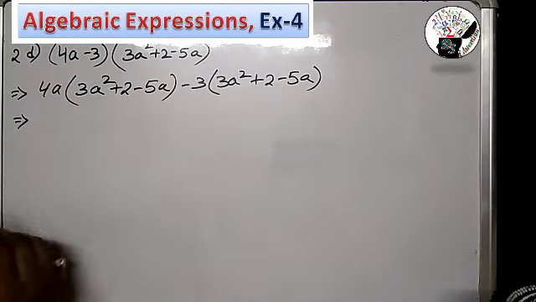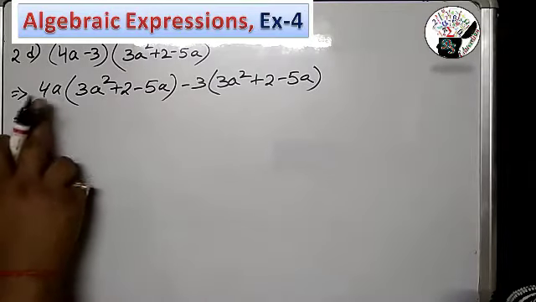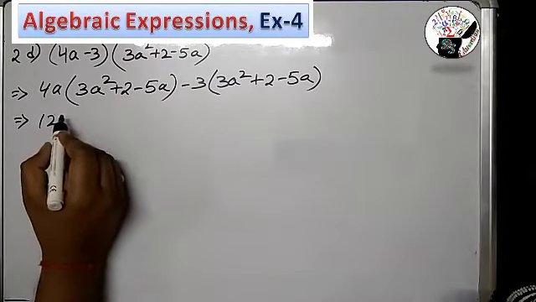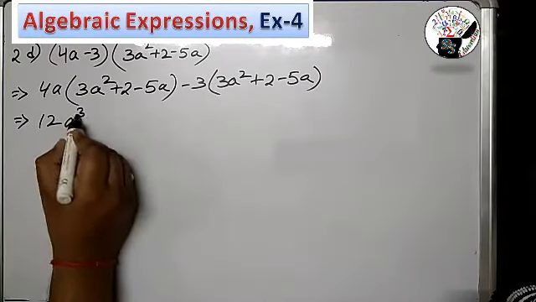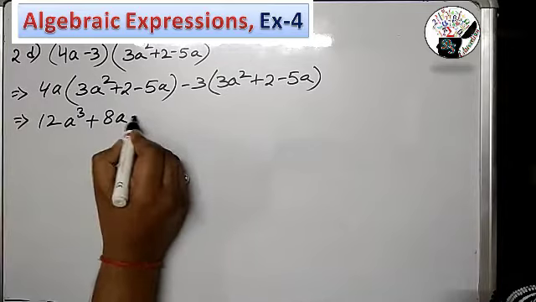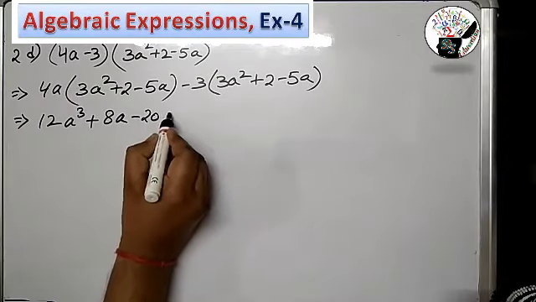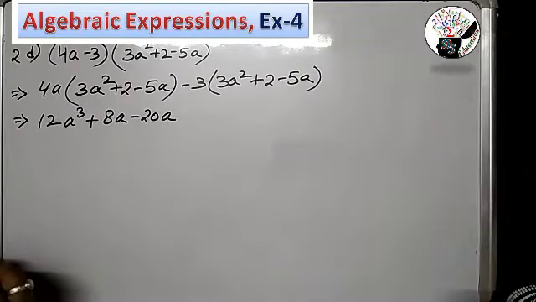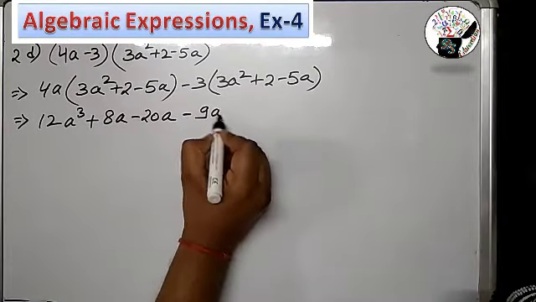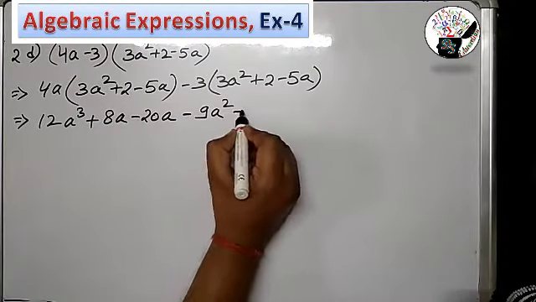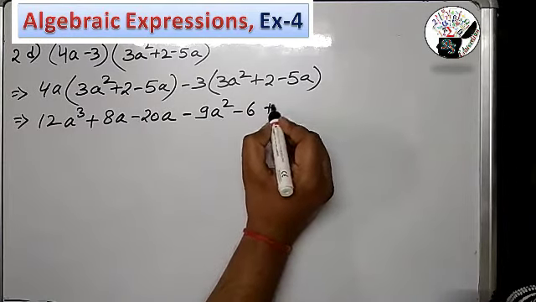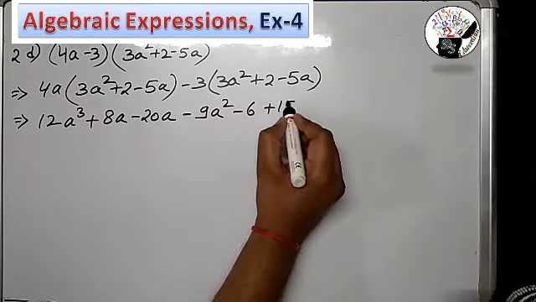Next question. Again the same thing, we have to multiply 4a inside the bracket. That is 4 3s are 12a to the power 3, plus 4 2s are 8a, minus 5 4s are 20a. Then it becomes minus 9a square, minus plus minus 6, minus plus and 15.